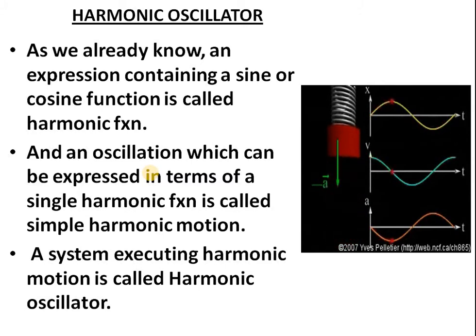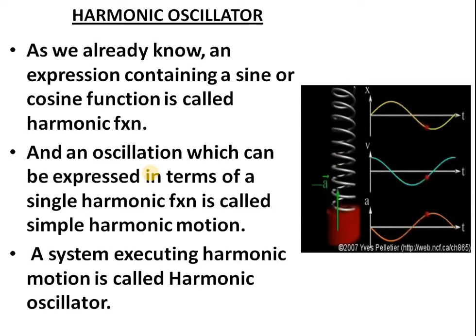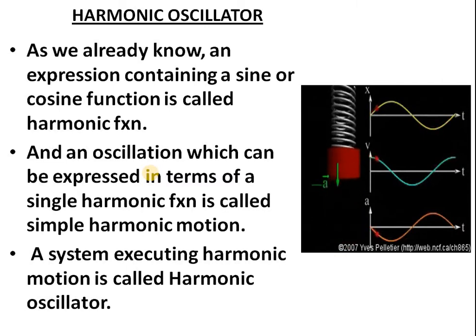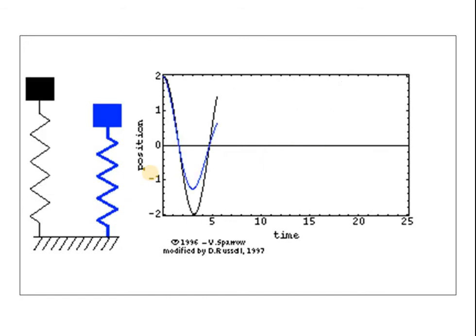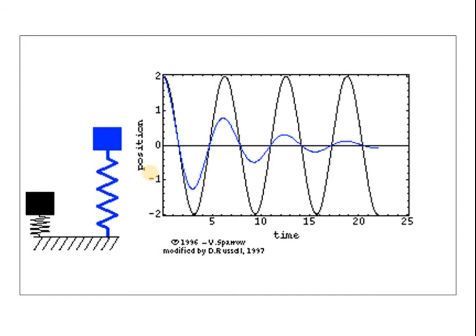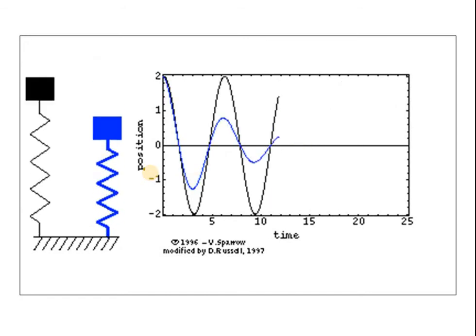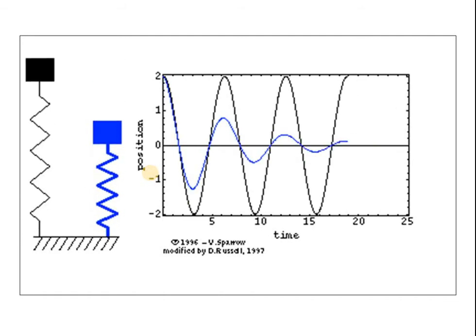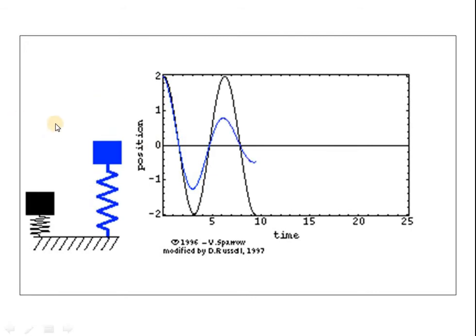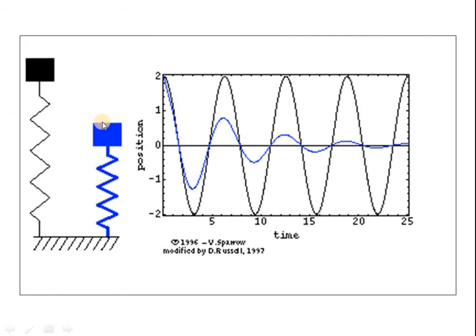Or a spring mass system, an ideal spring connected with a mass, if it is made to oscillate, that will give a harmonic oscillation. And in fact ideal harmonic motion is very rare.